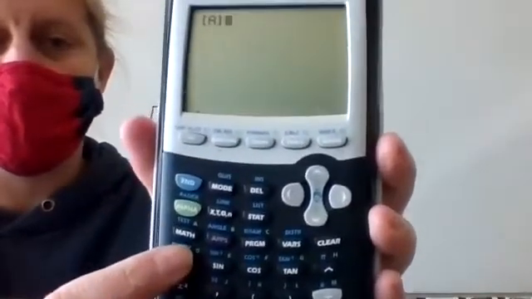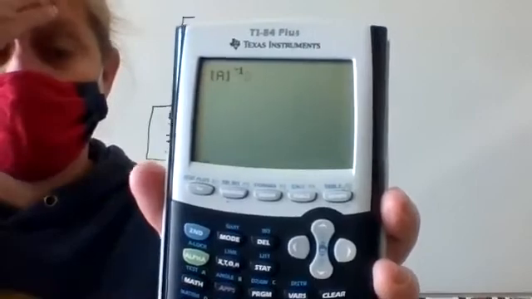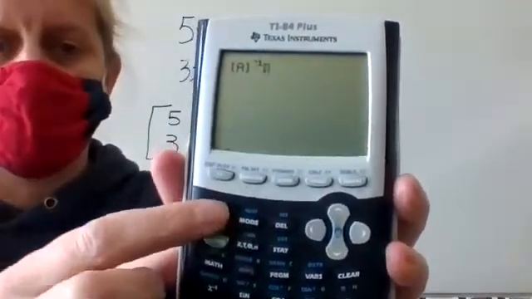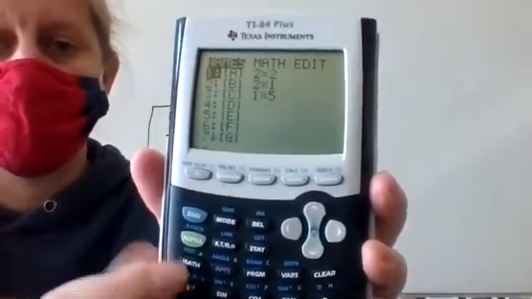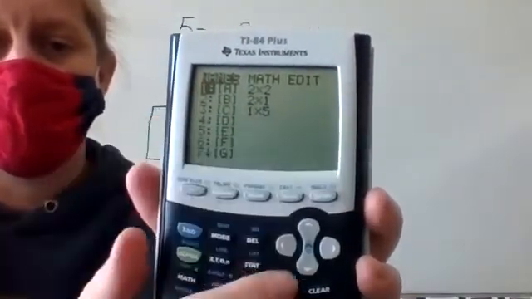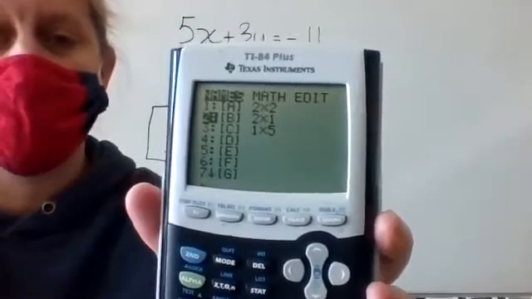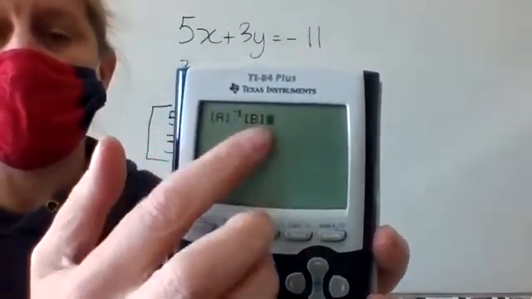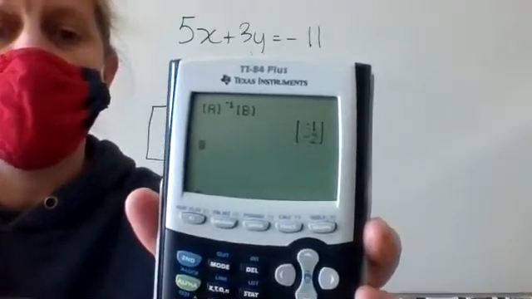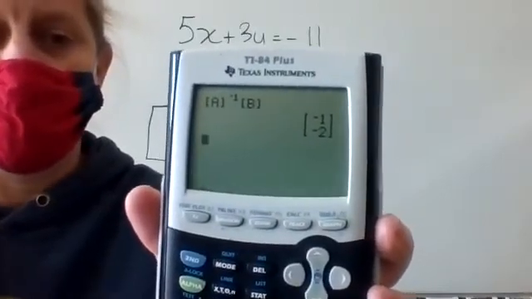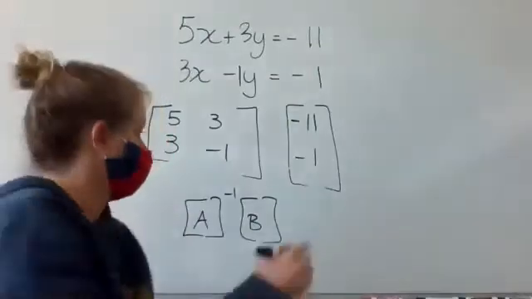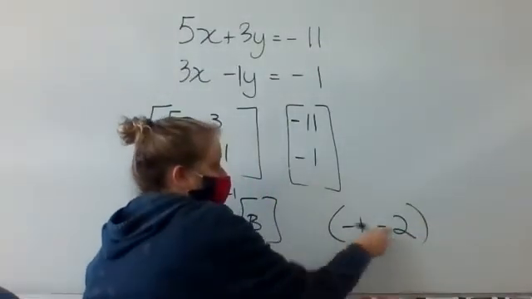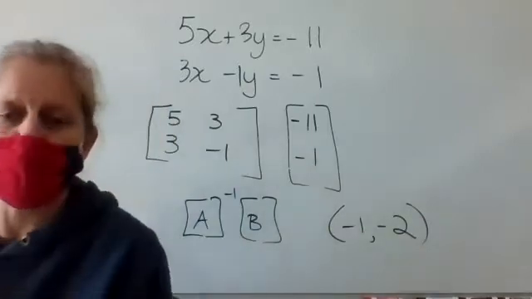And I'll hit my X to the negative 1 button. Now I need the B that I just made. So second matrix, make sure to go down to B, enter. So you should have matrix A to the negative 1, matrix B, hit enter, and there's your answer. Negative 1, negative 2. So remember, when you type this in, you do enter it as an ordered pair.